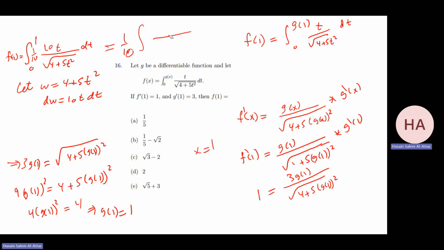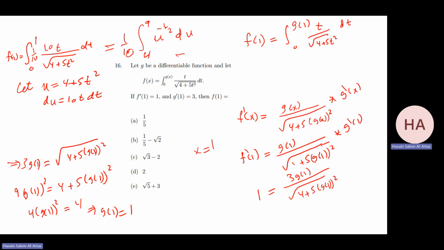Yeah, it was using the u. That will be what? u is minus half du, or w in this case. Make it du, usually we do it with u. So why I change to w? It's dw. That will be from 0 means 4 plus 0, which is 4, and to 9.